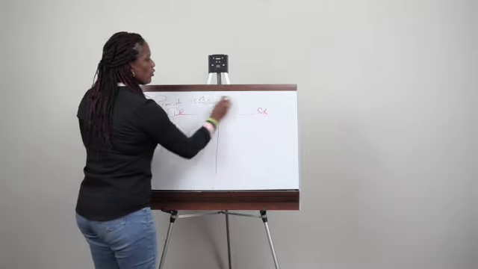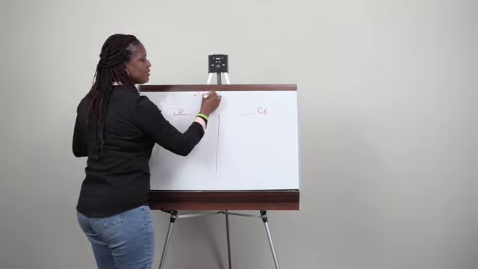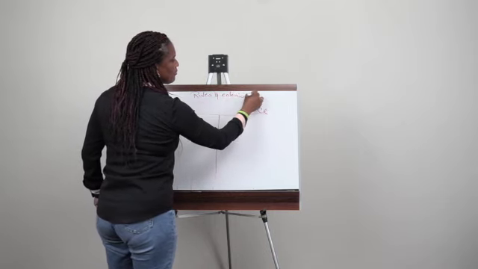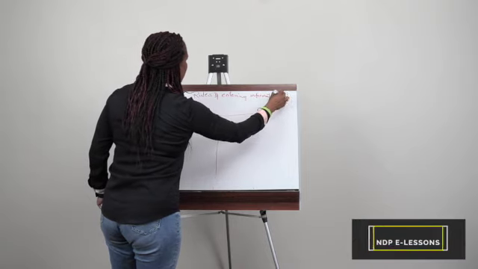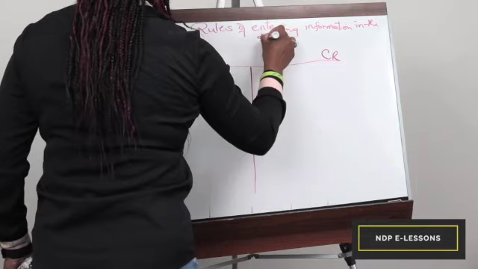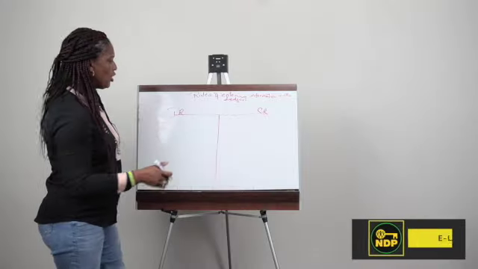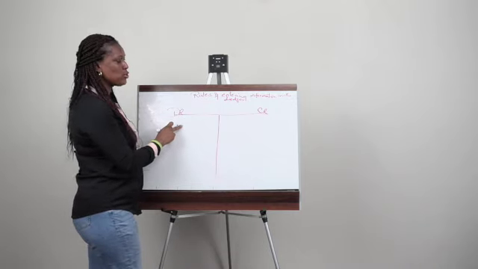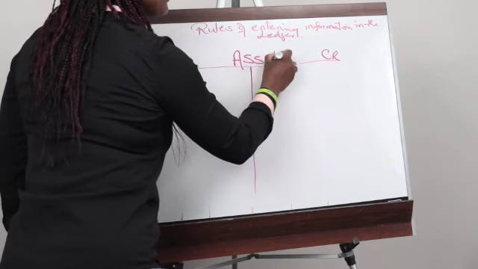So what we're going to do are the rules of entering information in the ledger. And my ledger here, I said, is a T account. So remember, we look at Alice. So I'm going to put in the rule for the asset.